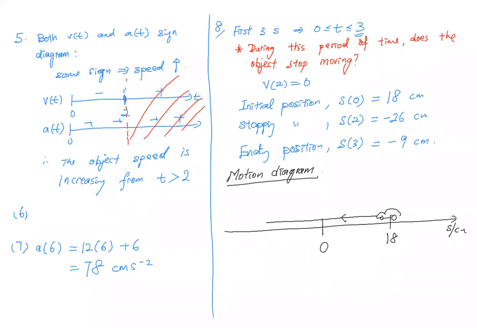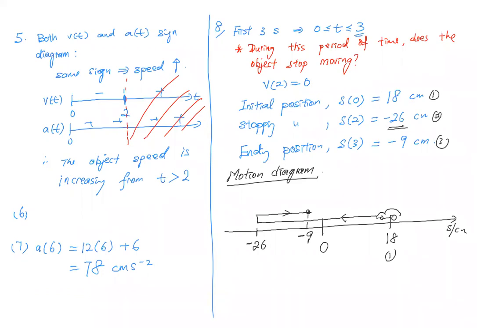Then it reaches here, negative 26. So this is the first position, second, and third position. Then from here, it will turn. Then it comes to here. So this is called the motion diagram in the first 3 seconds.